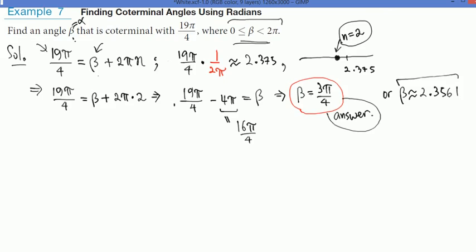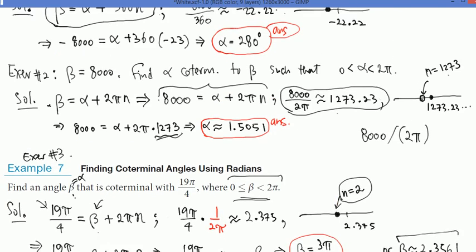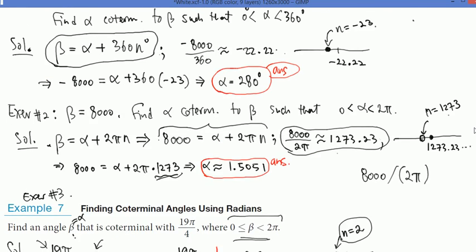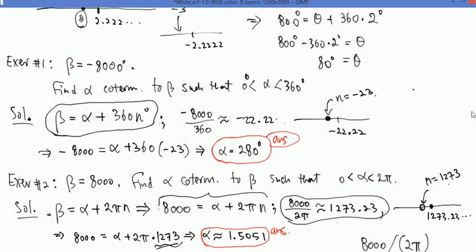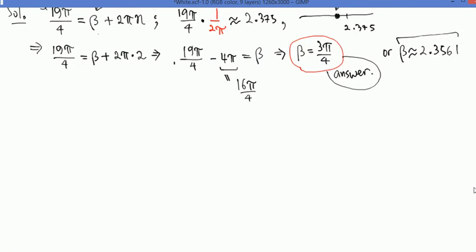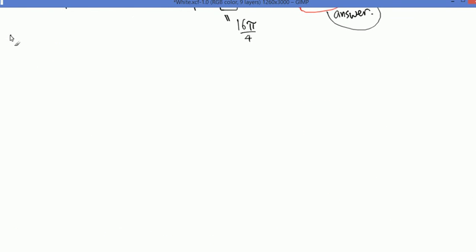So, pretend real quickly, this little example. Are negative 8,000 degrees and 280 degrees coterminal to each other?